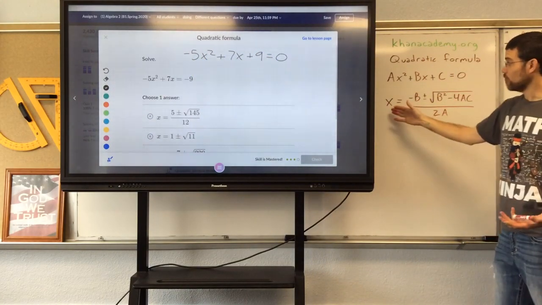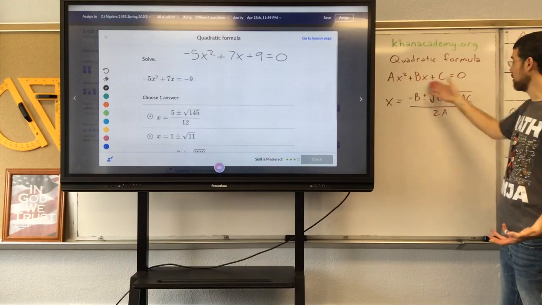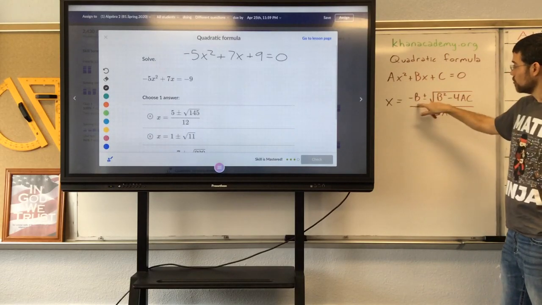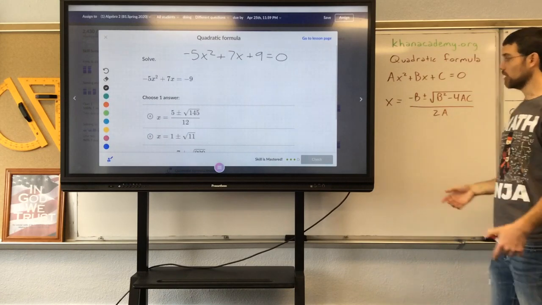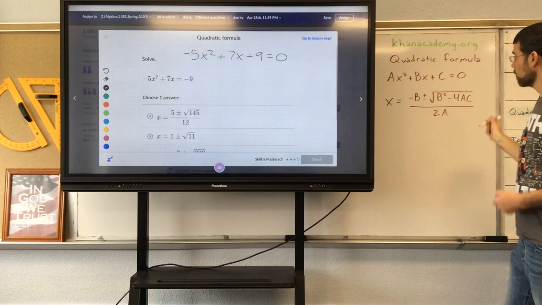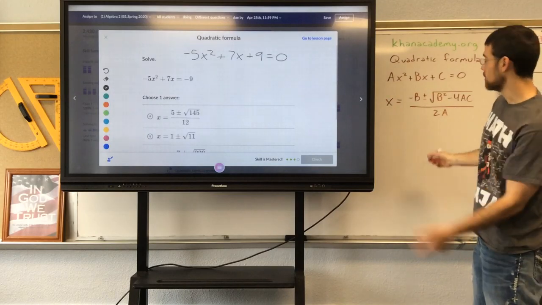So all we have to do to figure out what numbers make this equation true is put those constants right into this formula and simplify. So let's do that. In this case, we know what b is. It's 7.